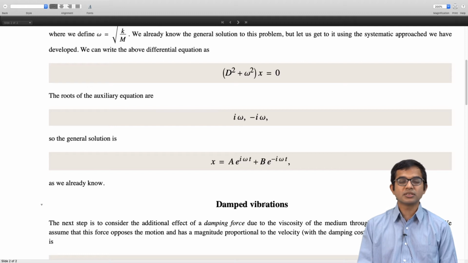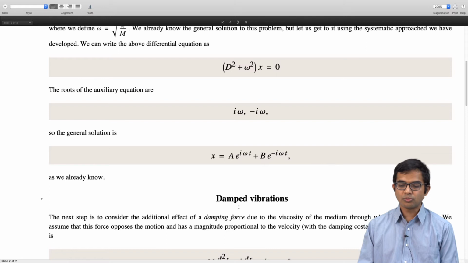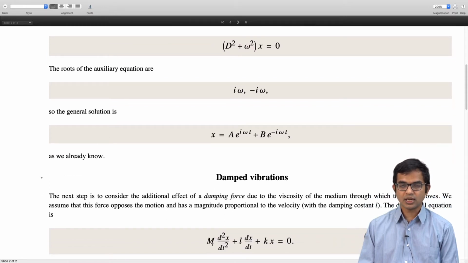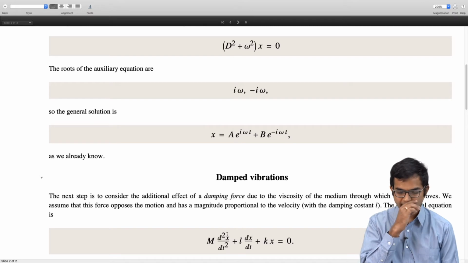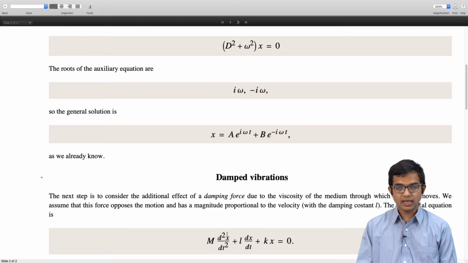And so the simplest assumption is that your viscous force is proportional to the speed, right, and in a direction opposite to the direction of motion. So the differential equation becomes m times d squared x by dt squared plus L times dx by dt plus kx is equal to 0, right? So if you don't have L, then it's just the earlier differential equation which we have already seen.